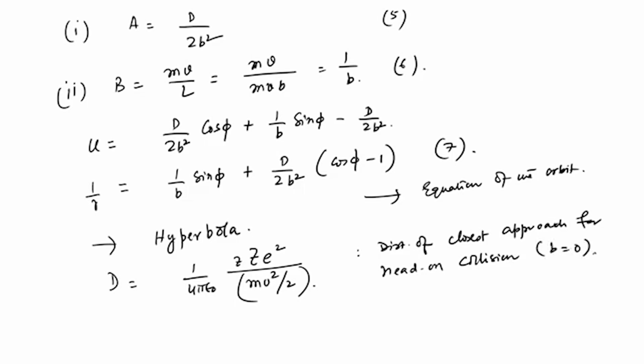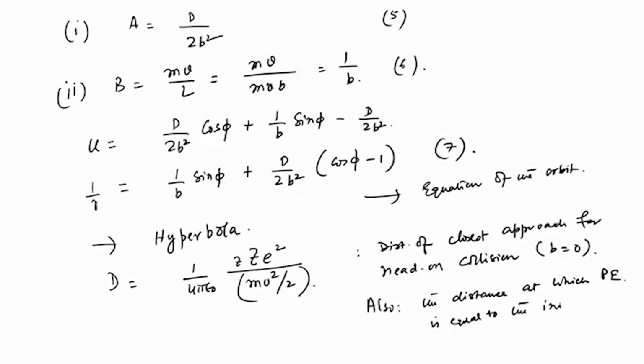Okay. So, d also refers to the distance at which the potential energy is equal to the initial kinetic energy. Also, the distance at which potential energy, which is nothing but z e square over r, where r is equal to d here, is equal to the kinetic energy.